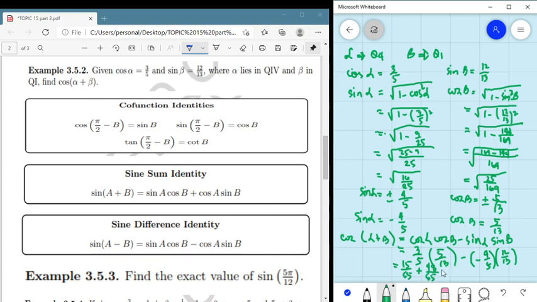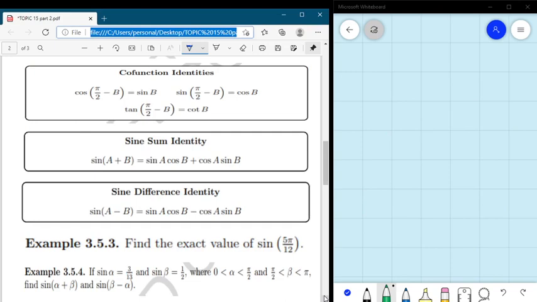Since they have the same sign, we are going to add them. 15 plus 48 is equal to 63 over 65. So that is cosine of alpha plus beta. Okay, so that's example 3.5.2.